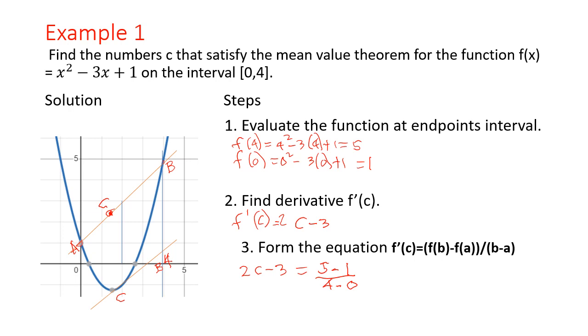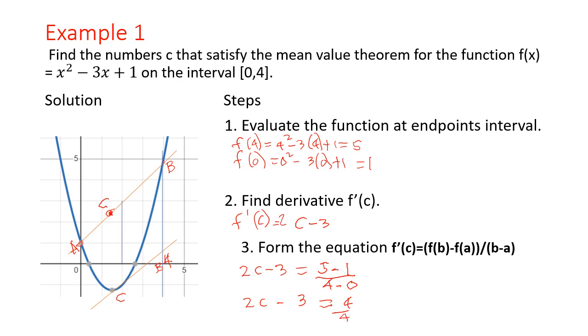So 2c minus 3 equals 5 minus 1, that is 4, all over 4.